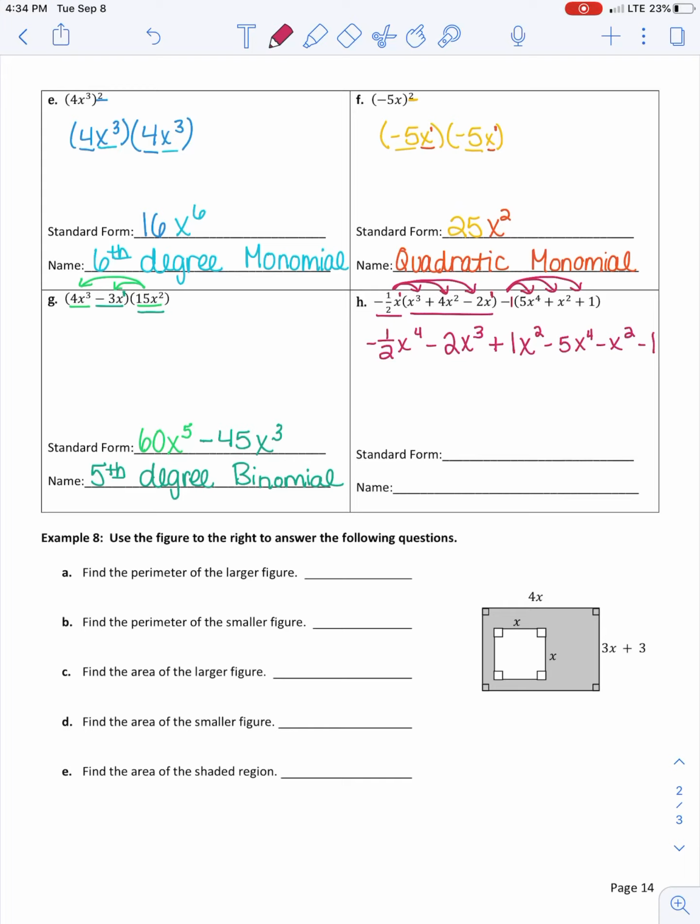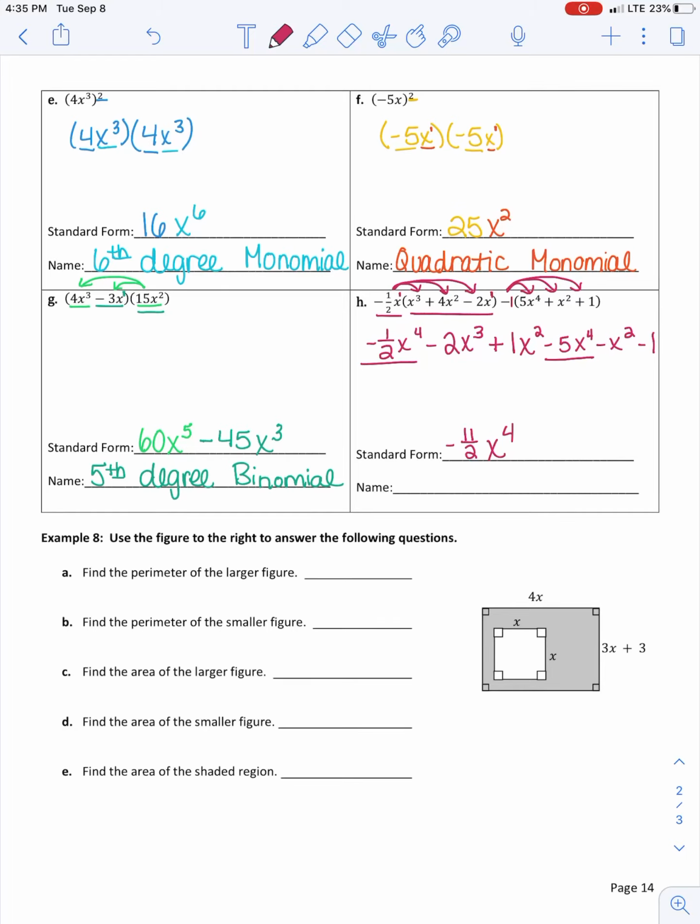We're not done yet though, because now we have to combine our like terms. We have negative 1/2 and negative 5 for our x to the 4ths. If I take negative 1/2 minus 5, I get negative 11 over 2 x to the 4th.